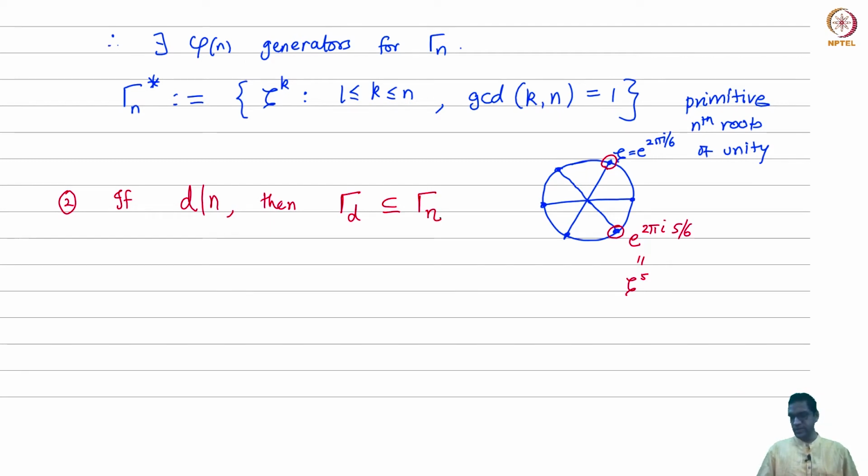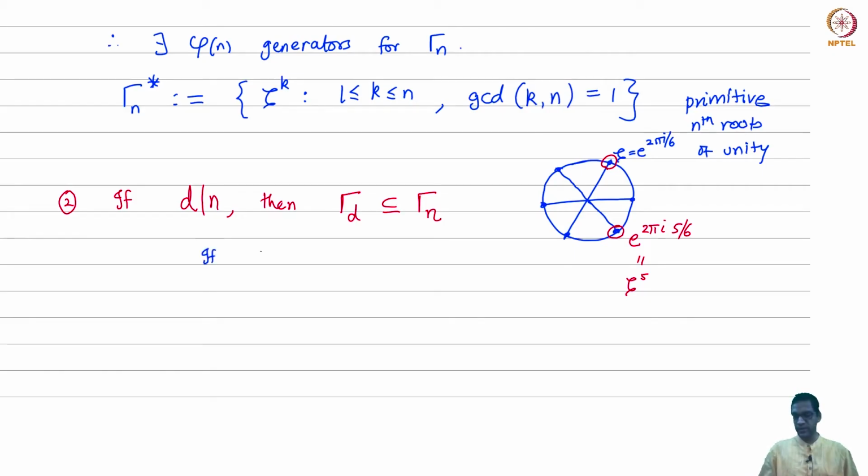Why is this? Well, it's more or less obvious. You just have to take any dth root of unity and see that it lives inside the set of nth roots of unity. Let's do a quick check.